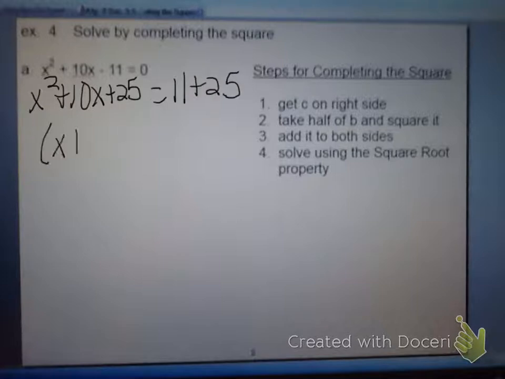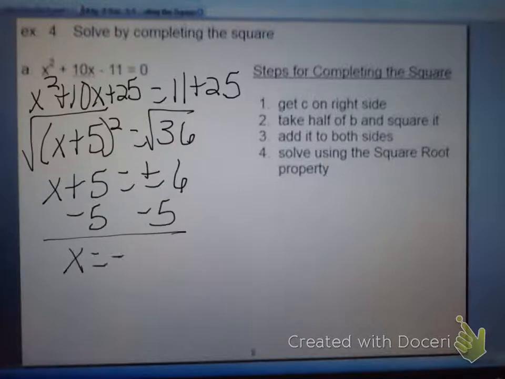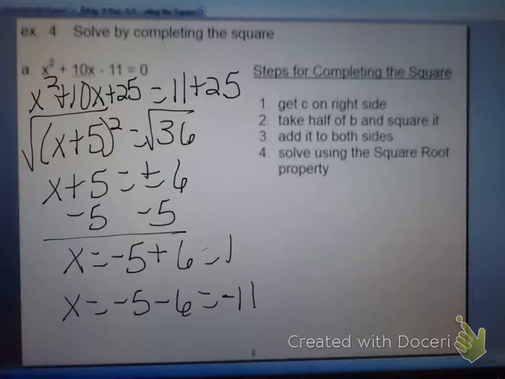So that's (x + 5) quantity squared is equal to 36. Take the square root. So that's x plus 5 is equal to plus or minus 6. Subtract 5 on both sides. X is equal to negative 5 plus 6, which is 1, and negative 5 minus 6, which is negative 11.